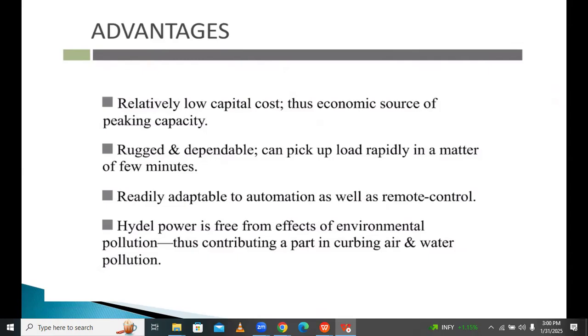Pumped hydro storage can pick up load rapidly in a matter of a few minutes, but not other sources like, for example, thermal.